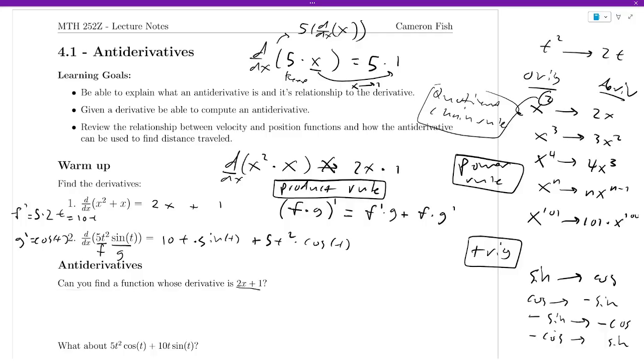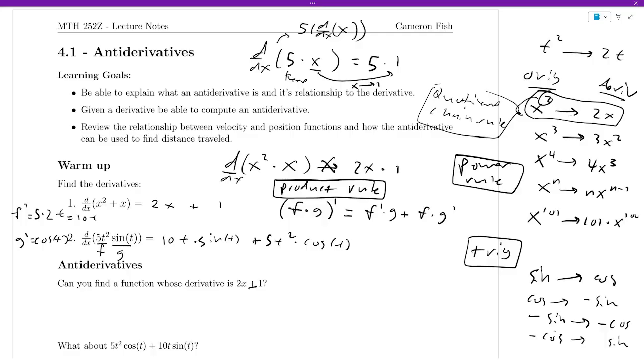When I'm looking at this, I want to think of, are there any derivative rules I know of which result in something like this? We've already seen a couple on this page. I know, maybe looking up here, that if I had an x squared, it's going to go to 2x. Which means that if I have something whose derivative is 2x, I must have started with x squared. Or at least that's one thing you could have started with.